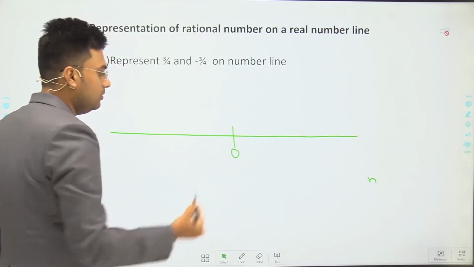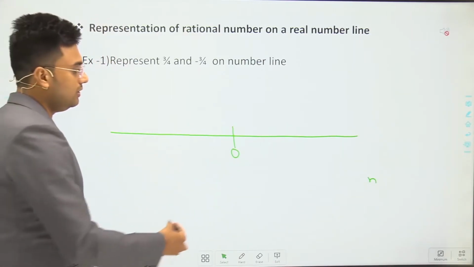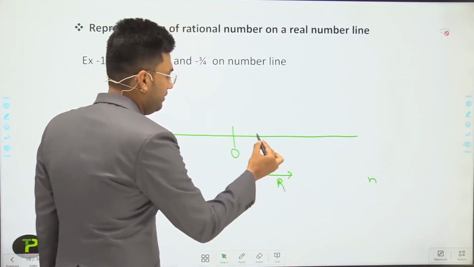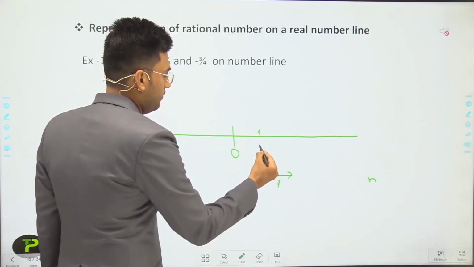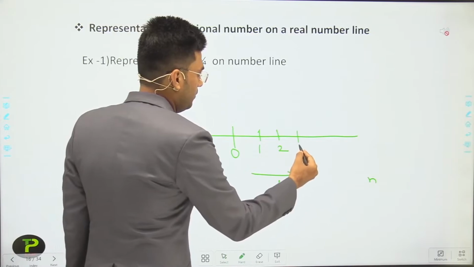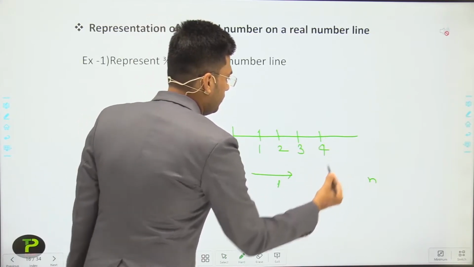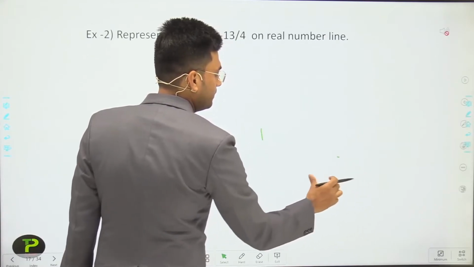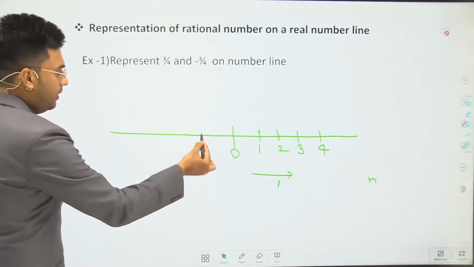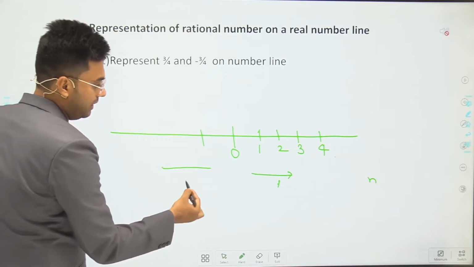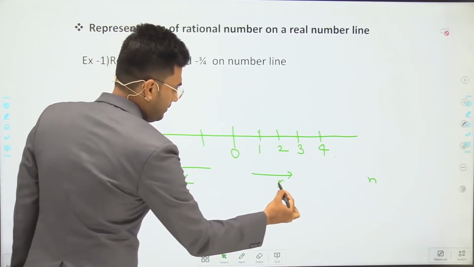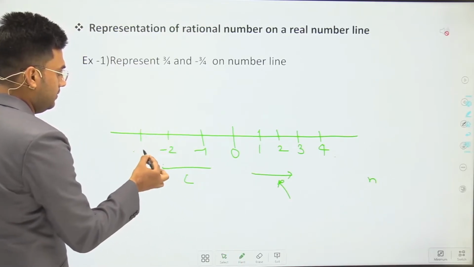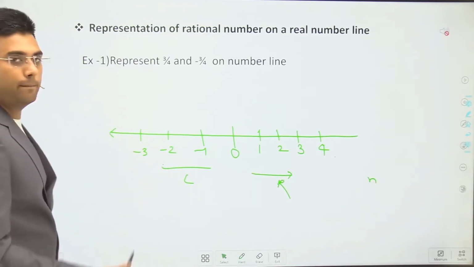This is the 0. If we go through the right side, then it is 1, 2, 3, 4 and so on. And if you go through left side, it is -1, -2, -3. Okay.